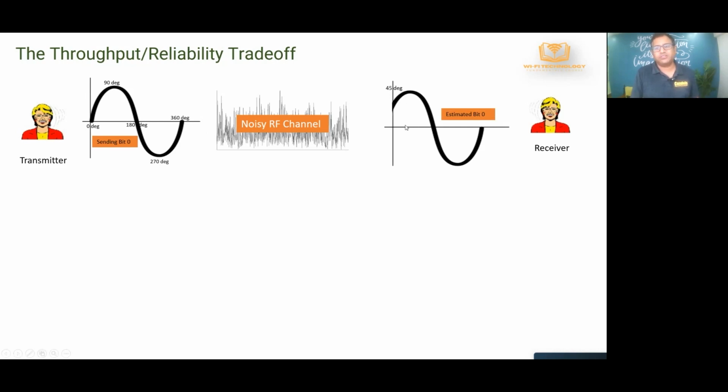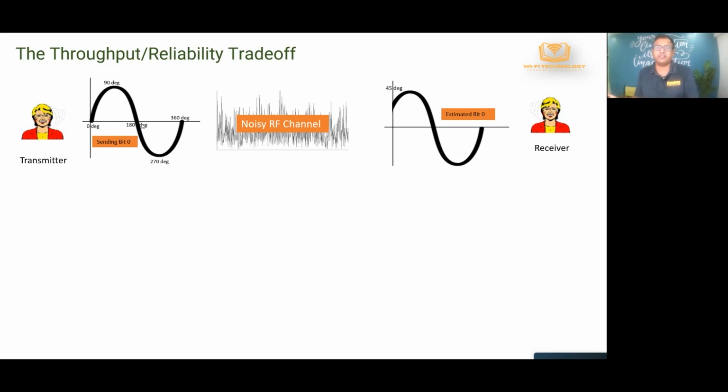So now somehow the receiver needs to still know that what was transmitted was bit 0, because there are two options, remember, in BPSK. If you're transmitting at 0 degrees phase, then it is a 0. If you're transmitting at 180 degrees phase, then it's a 1. So the receiver, when it receives this information, the received information is not at 0 degrees phase and not at 180 degrees phase. So now it is confused. Is this a 0 or is this a 1? Because it's not at 0, it's not at 180.